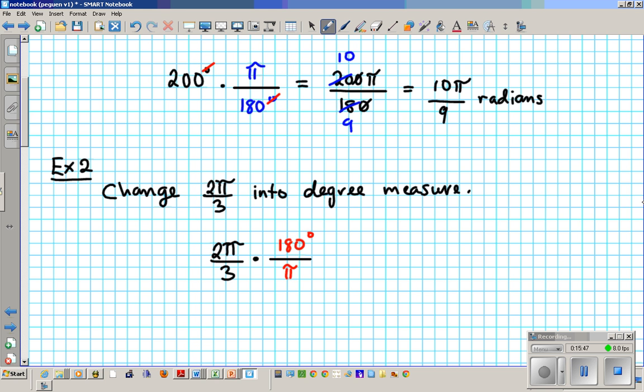So notice the pi's cancel out. That is exactly what we want, and we have degrees left. We multiply it out, it becomes 360 degrees over 3. 3 goes into 360, 120 times. 120 degrees is your final answer. Okay?